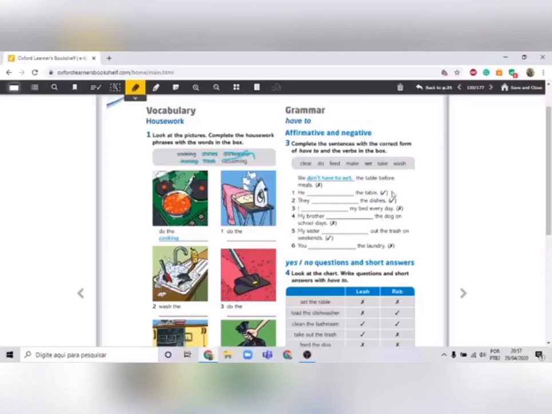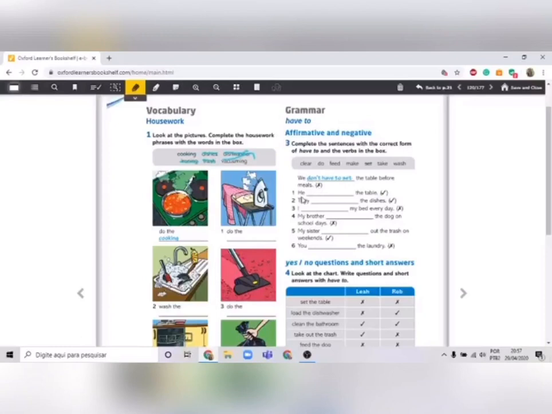If the sentence has a check, it's affirmative, and if we have an X, it's negative form. Okay? So the first one is already done. We don't have to set the table before meals. So it's negative because it's an X.